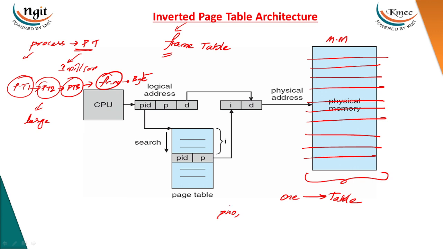But in order to identify a page of a particular process, not only the page number is required, we also require the process ID of that process. This process ID acts as an address space identifier.